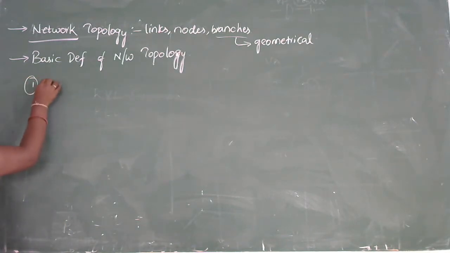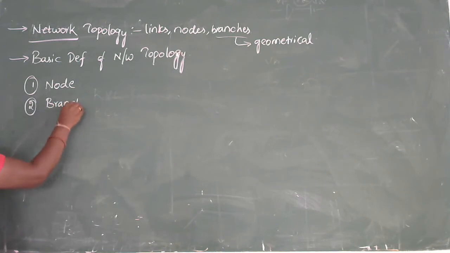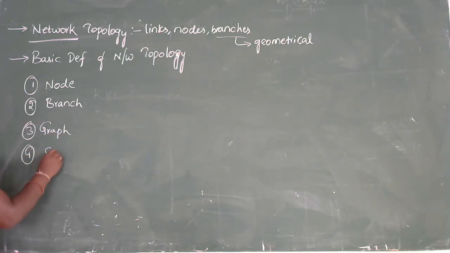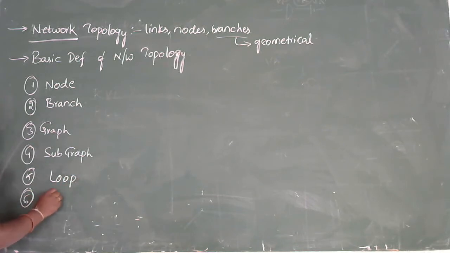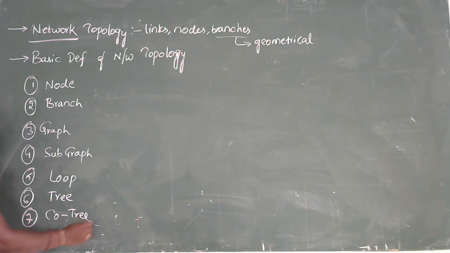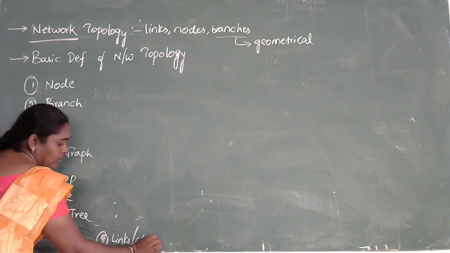So the basic definitions are node, branch, graph, subgraph, loop, tree, co-tree, mix, and the last one is links or chords.